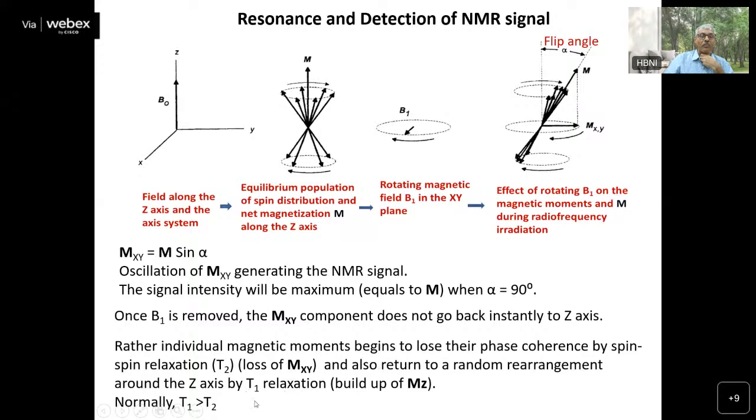Finally, all the spins will go back to the equilibrium state, and the magnetization will go back to the z-axis. T1 is normally slightly greater than T2, which is what I told you yesterday.